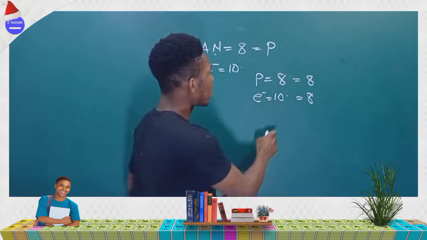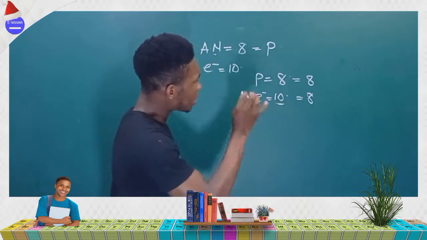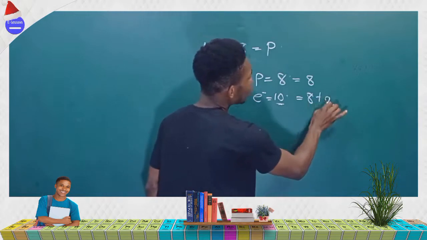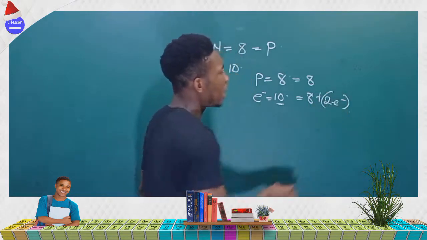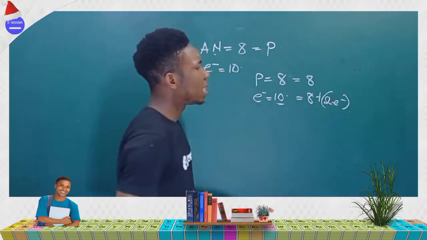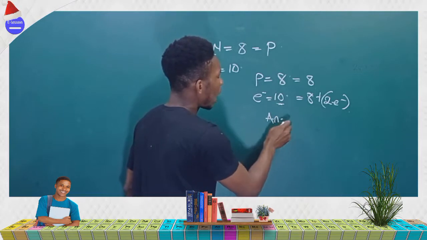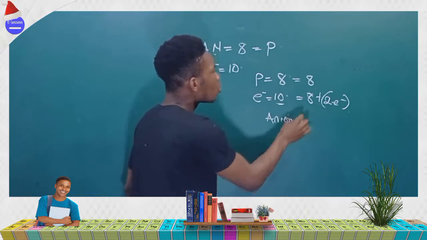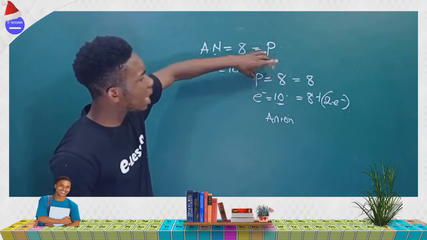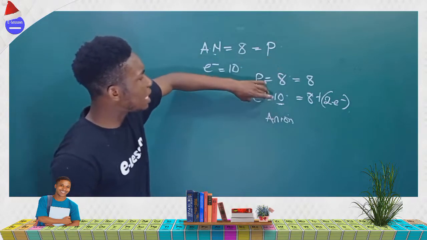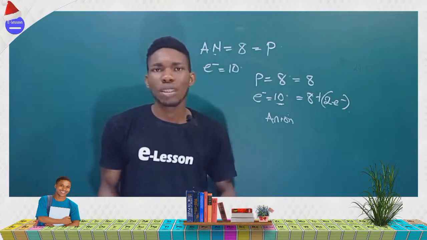So for the number of electrons to be 10, it means that the atom has accepted 2 more electrons, and this particular ion is an anion. An atom that has the number of electrons greater than the number of protons, or greater than the atomic number, is an anion. Is that clear?